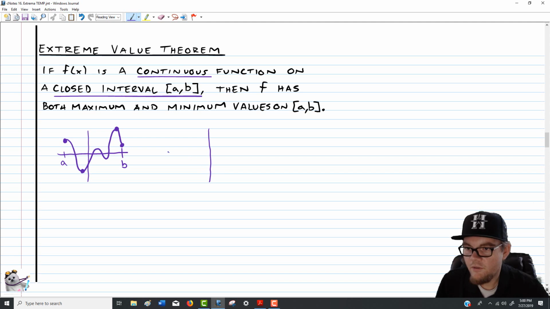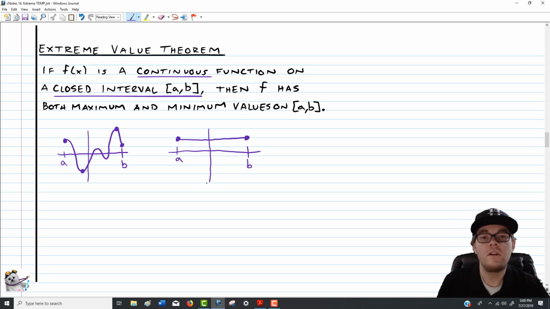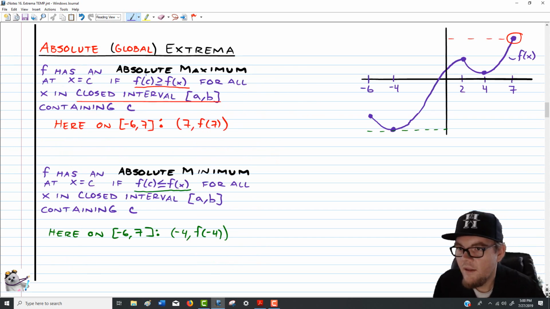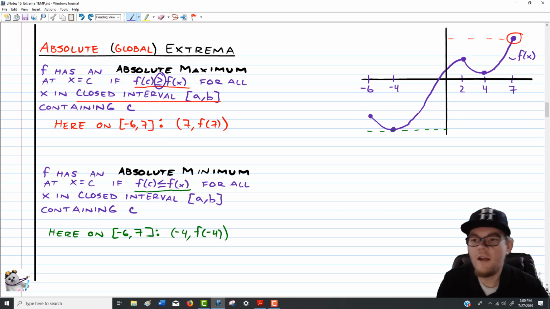Likewise, this next one always threw people, and it always cost me for a little while. Let's say we start here, we end here, and we have a constant function. People might wonder how you're going to have a maximum or minimum there. Well, the truth is, maximum and minimum simply require f(c) to be either greater than or equal to, or less than or equal to, all the other values.